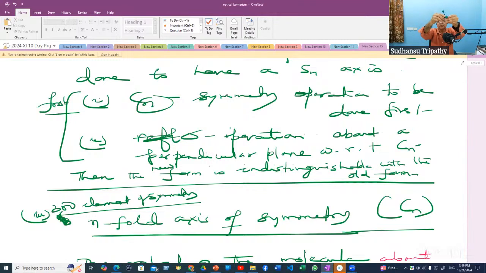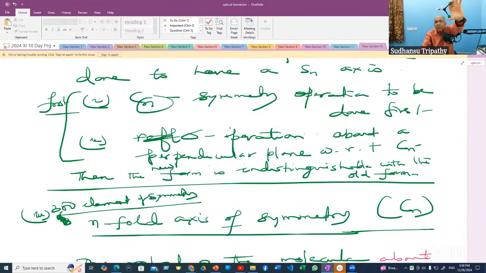Supposing these two green are to my left, in a vertical plane, and the white are to my right, lying in a horizontal plane. This is a horizontal plane where the carbon atom and the two white ones are lying, and there is one vertical plane where the same carbon atom and the two green ones are lying.